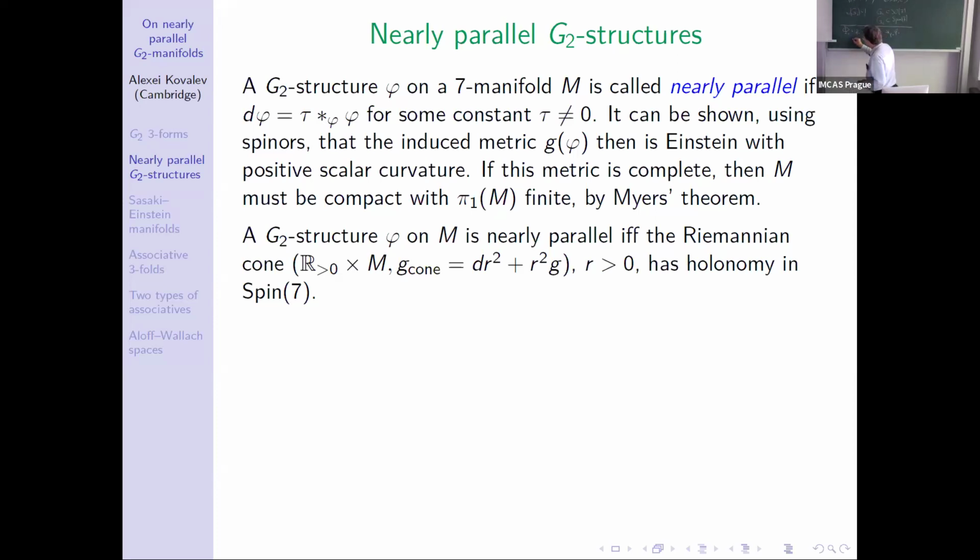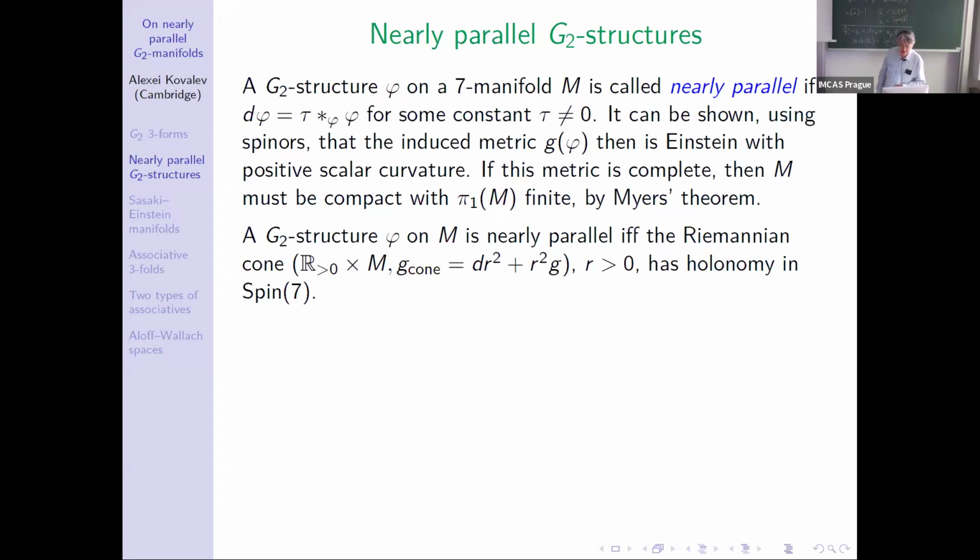Then the stabilizer of capital phi naught in the group of all linear isomorphisms in 8 dimensions is isomorphic to the group Spin 7, the double cover of SO7.